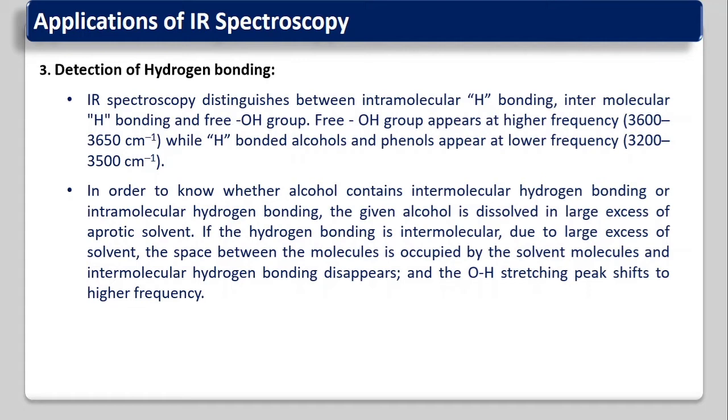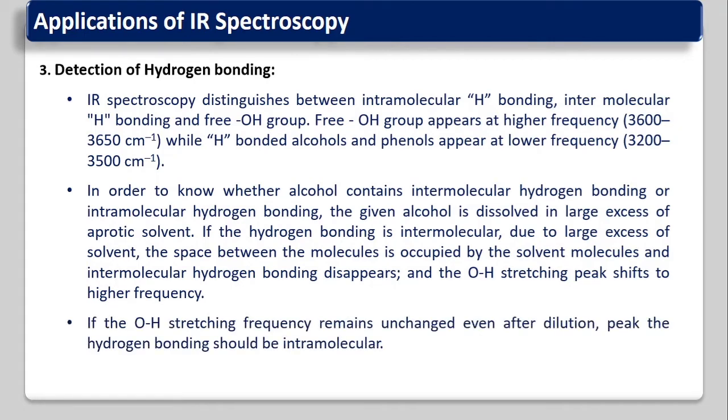If after dilution the stretching frequency is still there, that is 3200 cm inverse to 3500 cm inverse, then we conclude that our compound contains intramolecular hydrogen bonding. So in intramolecular hydrogen bonding, the dilution effect is negligible.